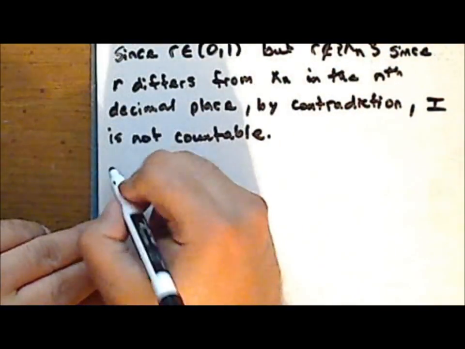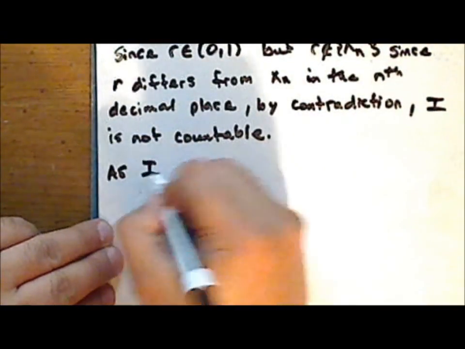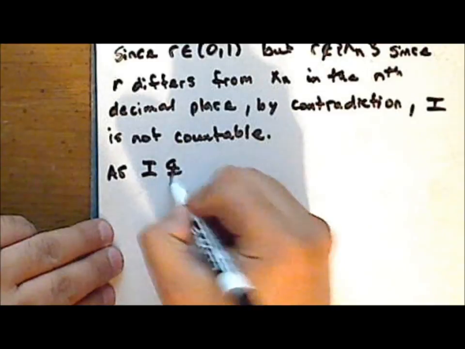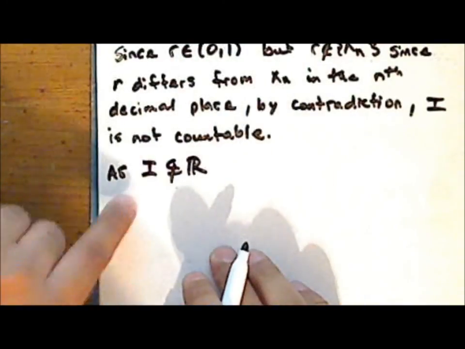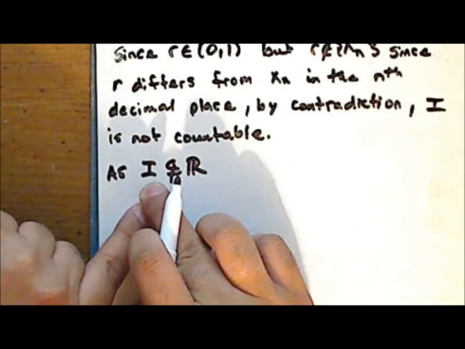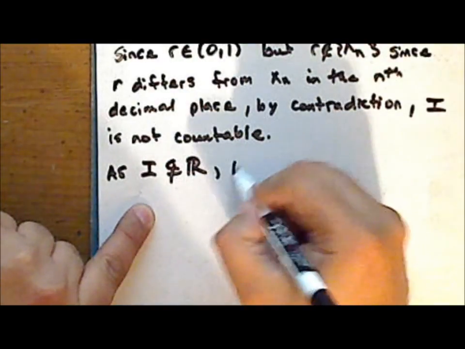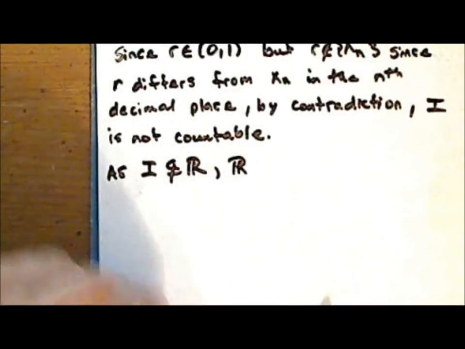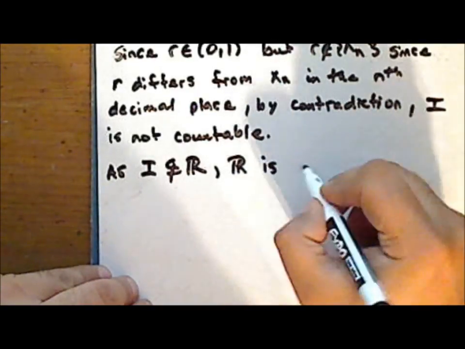And since this interval is a proper subset of the real numbers, the real numbers contain an uncountable subset, and so the entire set of real numbers is also uncountable.